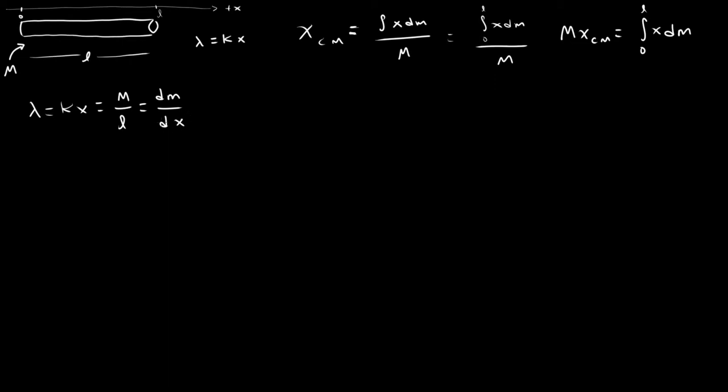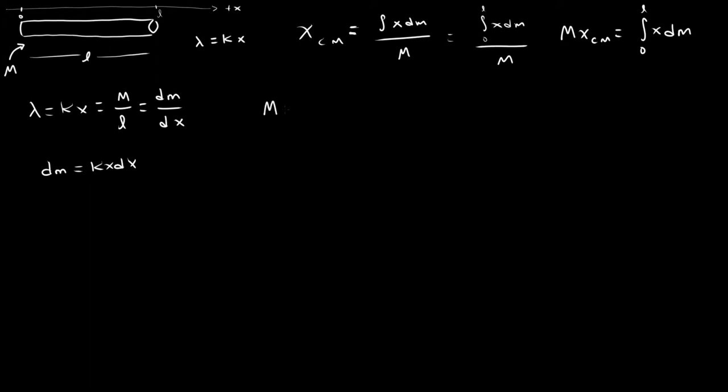We're going to get that dm is equal to kx dx. And so we have dm in terms of dx, which is good because we needed to replace this dm with a dx in order to have the correct variable of integration.